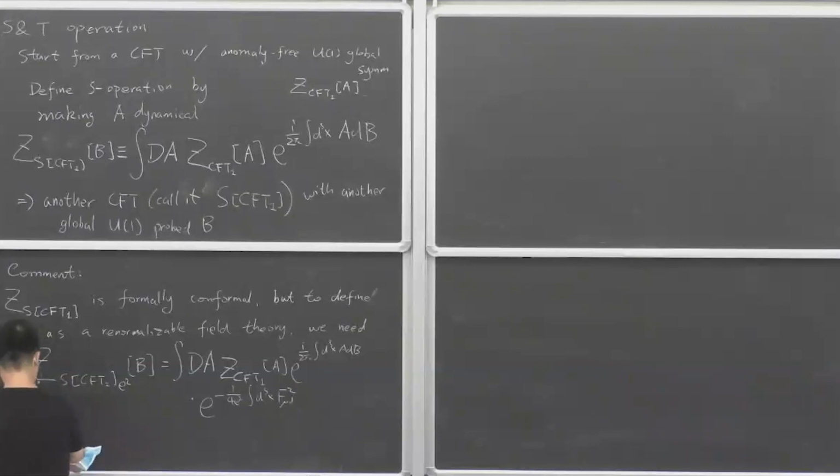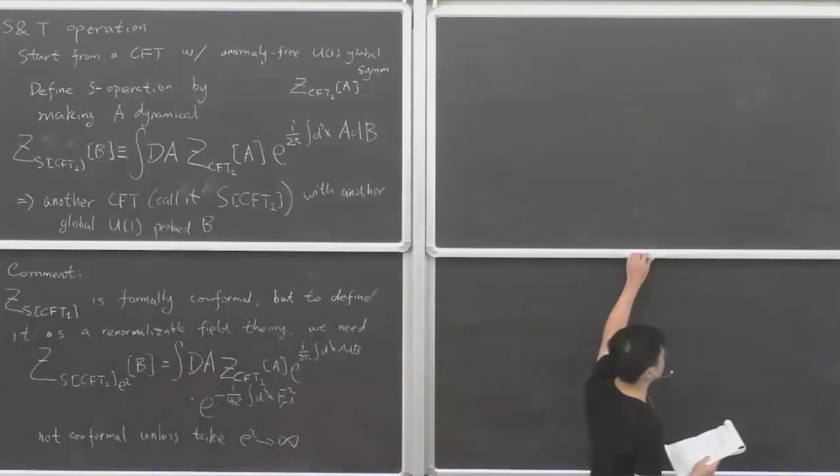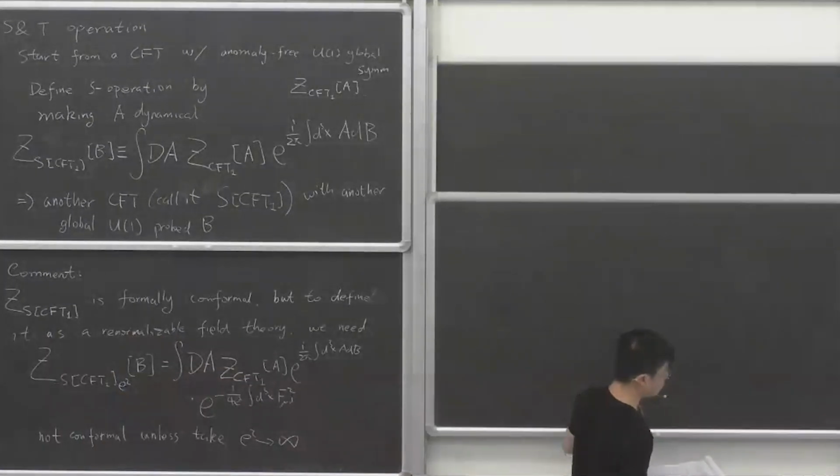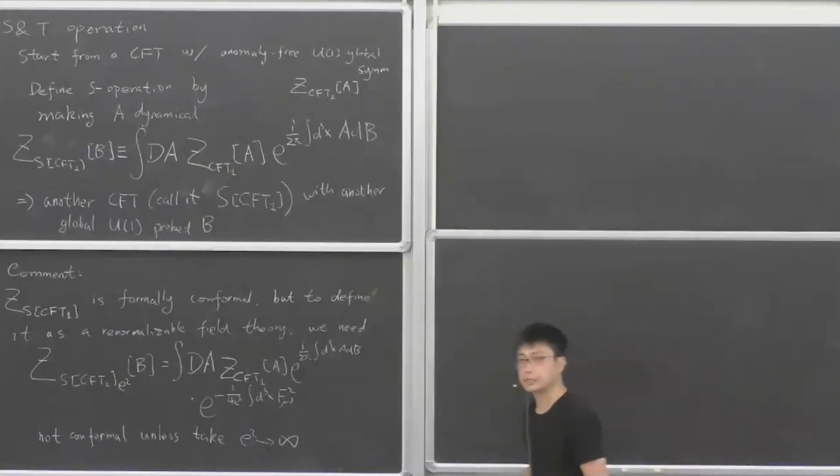So it's not conformal unless we take the limit of e squared going to infinity. Which tells you that this S operation truly gives you another good CFT only if this limit exists.